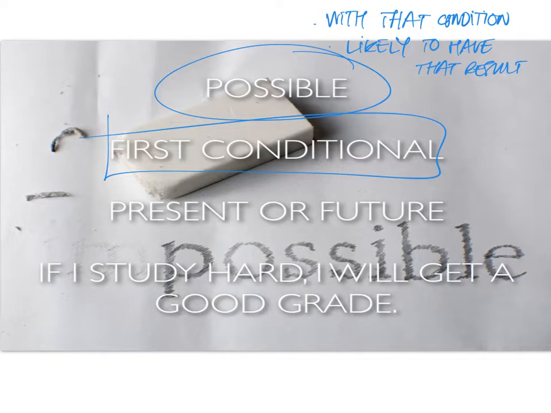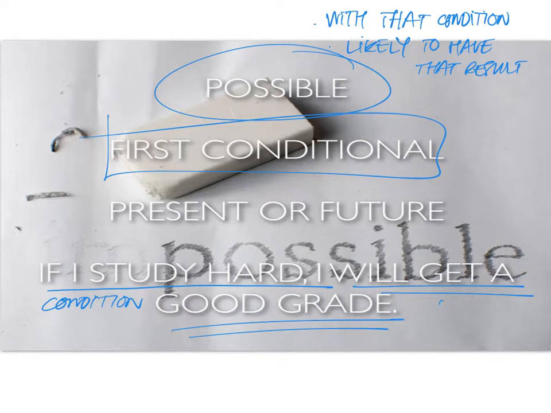If we look at the example we have here, if I study hard, this is the condition, I have this result. Okay, so when I say this sentence, I consider that it's possible for it to happen.